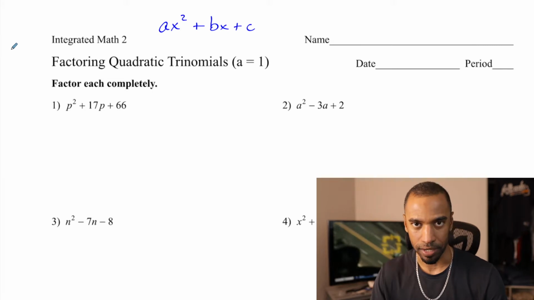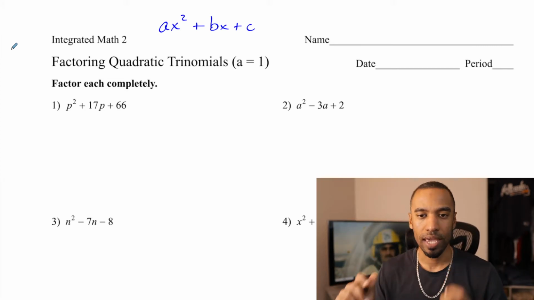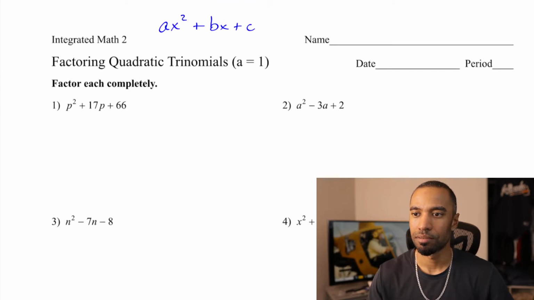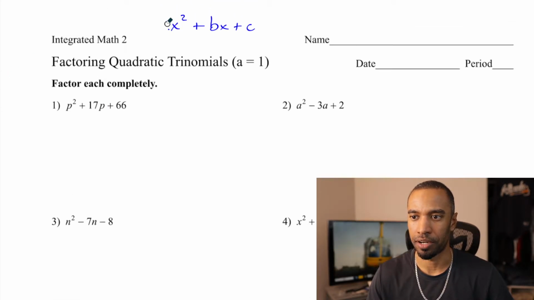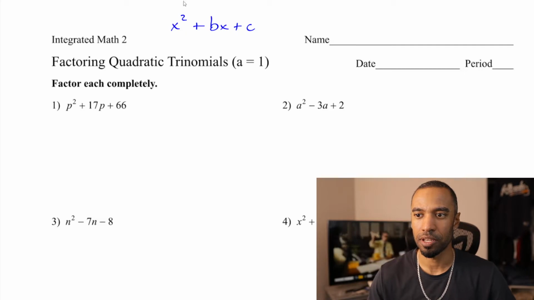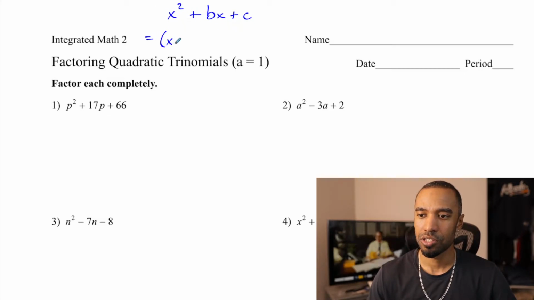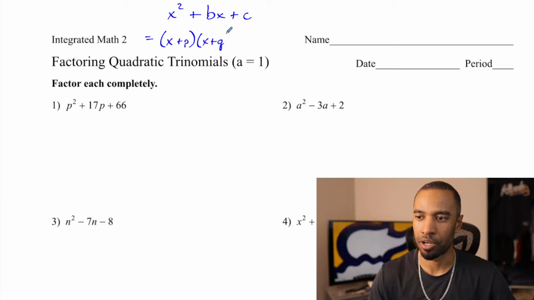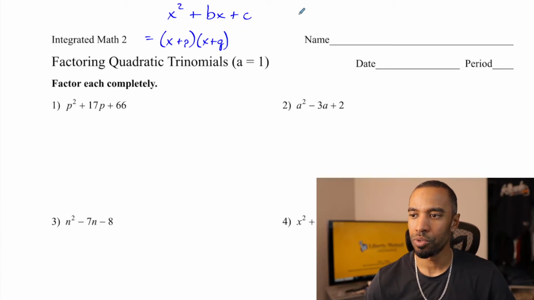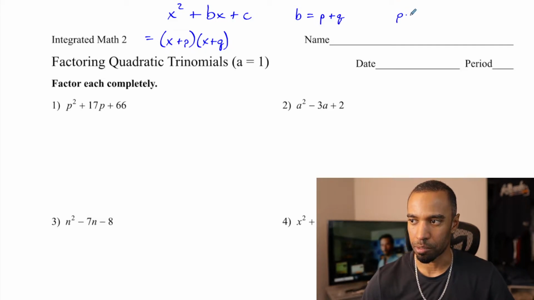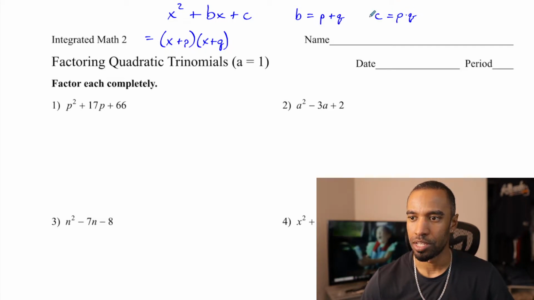But when it's 1, we have this idea. All of these, let me take out the a and just put it right here. This x squared plus bx plus c, all of these can factor into this x plus p times x plus q scenario, where the sum of p and q gives you b, and the product of p and q gives you c.